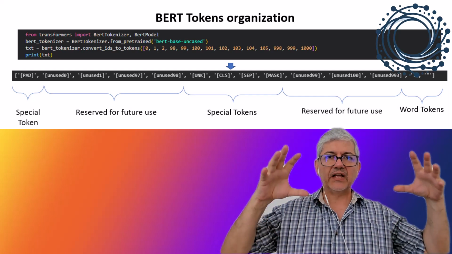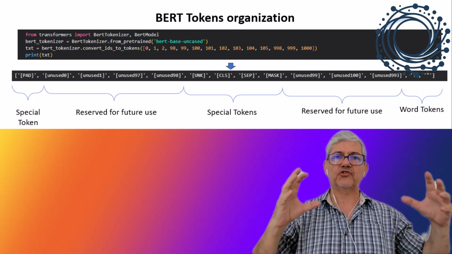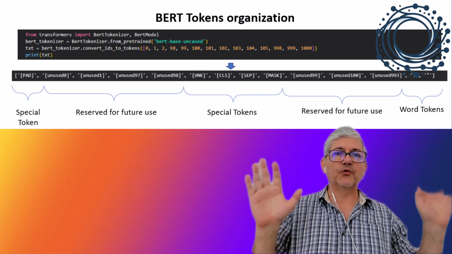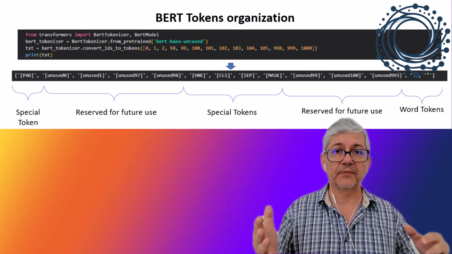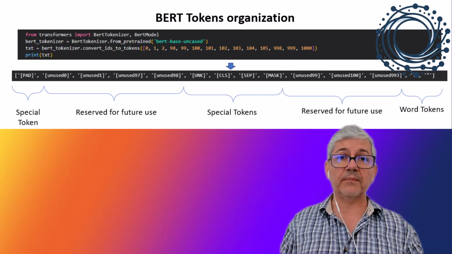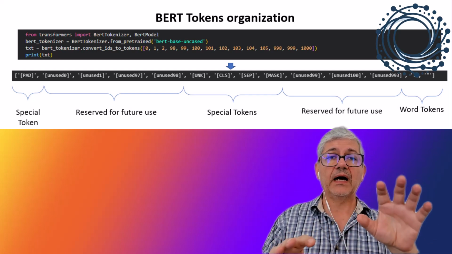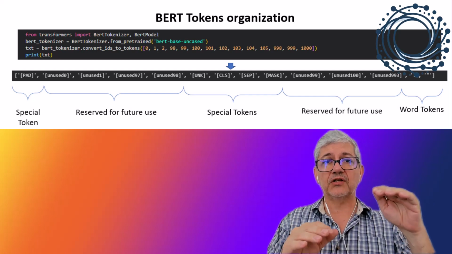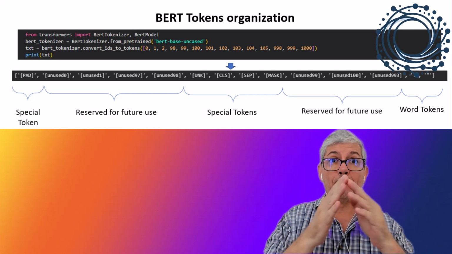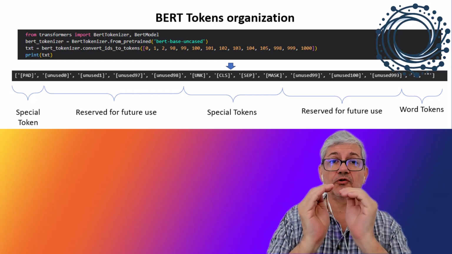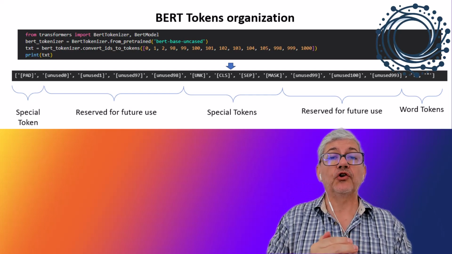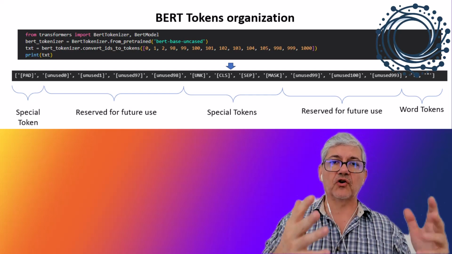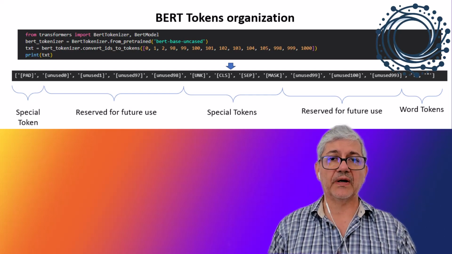So basically, they took the very first 1,000 positions of the vocabulary array, and out of those are only using like 4 or 5, and the rest are reserved for future improvements. So that's a nice idea that you may want to keep in mind. But basically, the main takeaway here is that you can define whether you put the special tokens at the beginning, at the end, mixed. My recommendation is put them all together. It's easier. And also, you may decide if you do as the smart guys of the BERT tokenizer, who left some additional tokens for future usage.